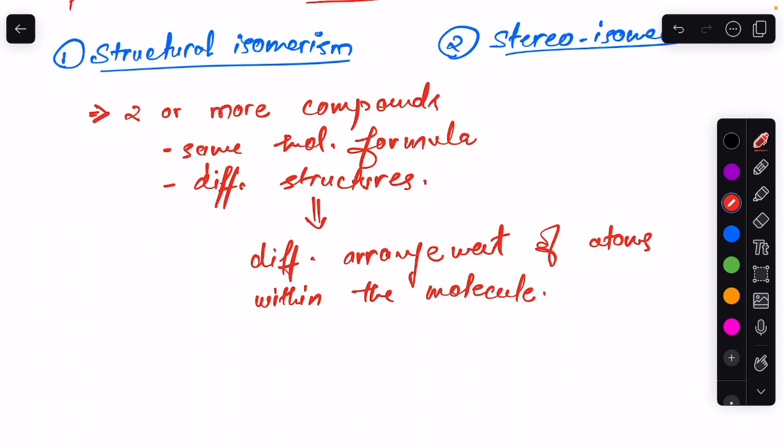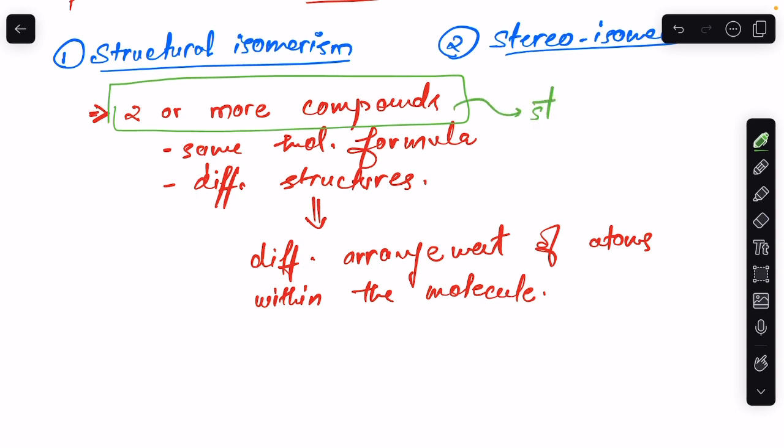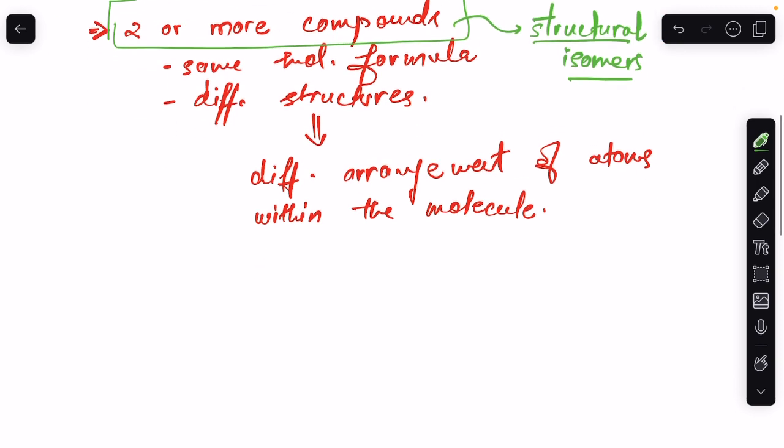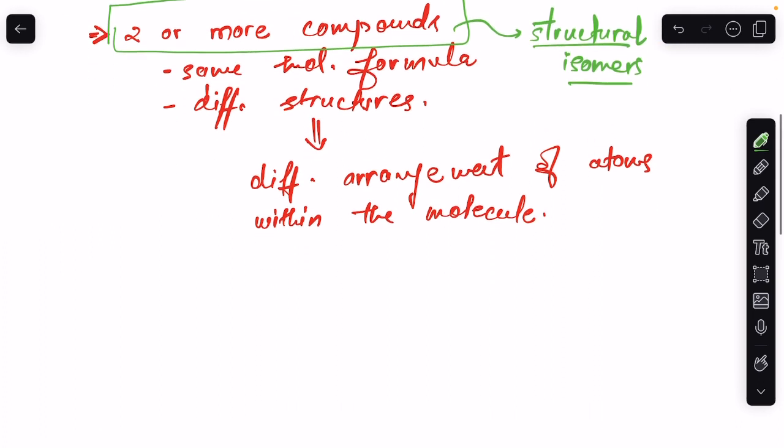Such organic compounds are known as structural isomers of each other, and the phenomenon is known as structural isomerism. So let us discuss different types of structural isomerism.